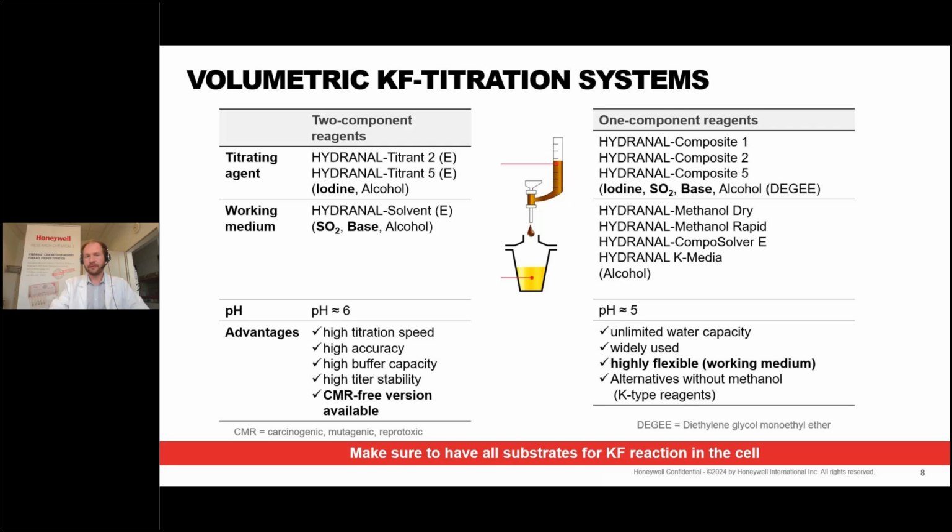Due to the presence of high SO2 and base concentrations in the solvent, the working media have a higher buffer capacity for bases and acids compared to normal methanol dry, for example. And finally, we offer CMR-free versions of the two-component reagents, which are free of carcinogenic, mutagenic, and reprotoxic compounds.